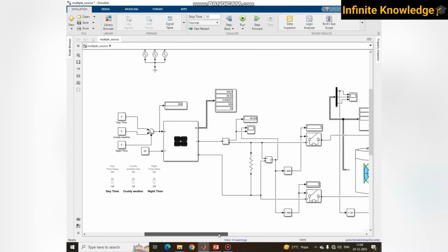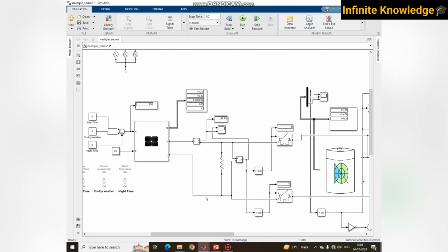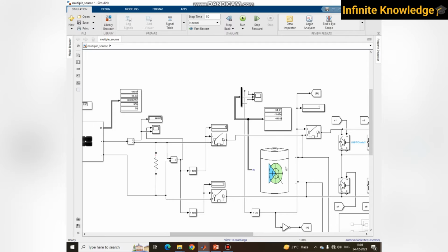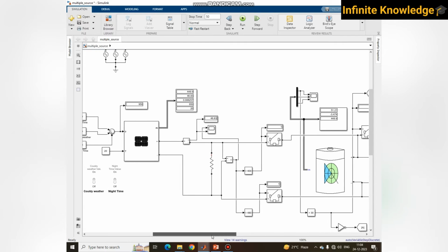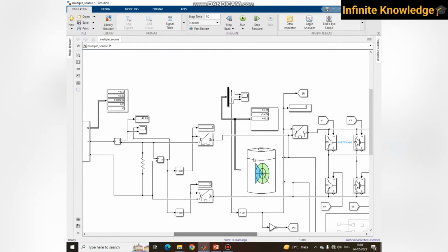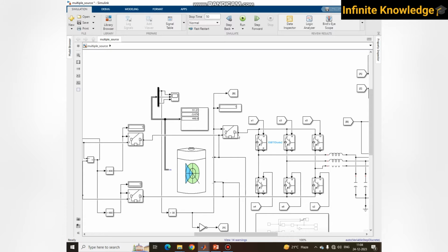So this is our solar that is generating some power. By generating power, you are charging your battery. I have considered a 30% minimum charge. Whenever your supply is available, first it will charge the battery, and after the 30% minimum charge, it will finally switch on this inverter part.